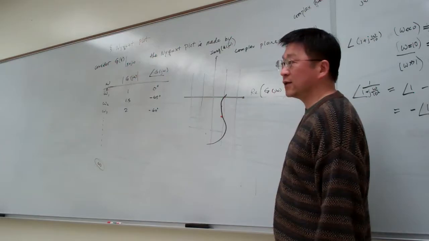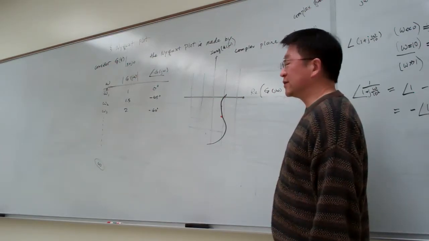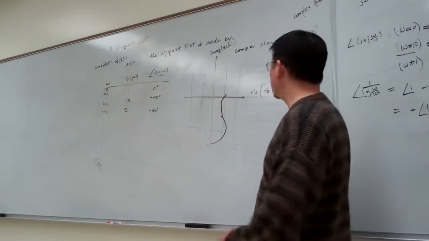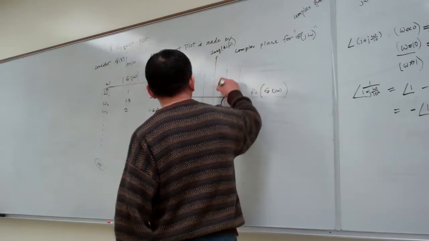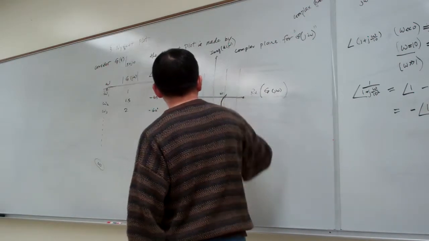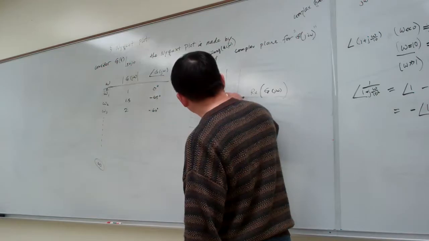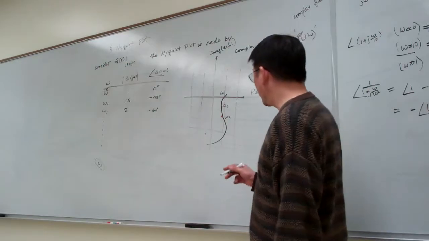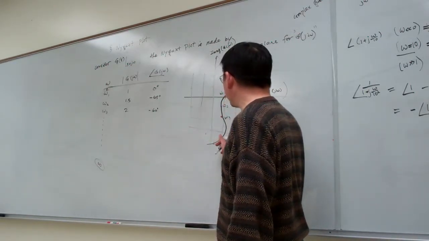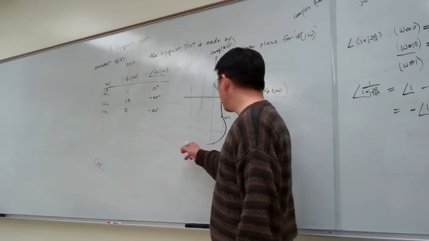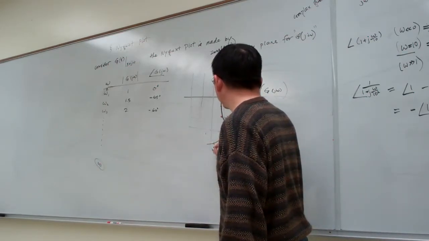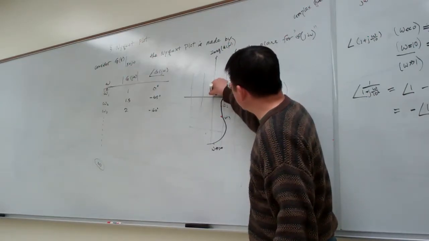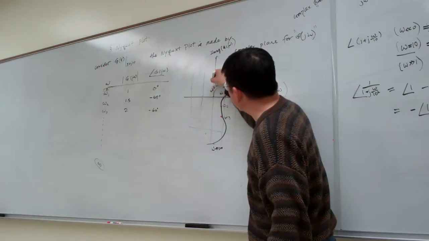The second one, as a good exercise, is to label the corresponding frequencies onto the curve. For example, this point corresponds to omega 1, this point is omega 2, this point is omega 3, etc. Following the trend of this curve, that corresponds to omega going to infinity, and from this point, maybe here, that corresponds to omega equal to 0.